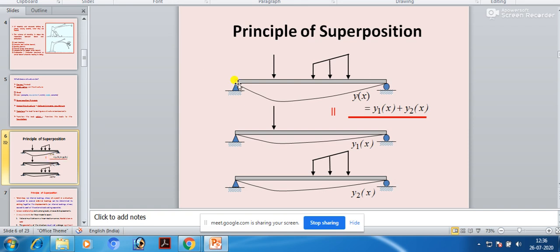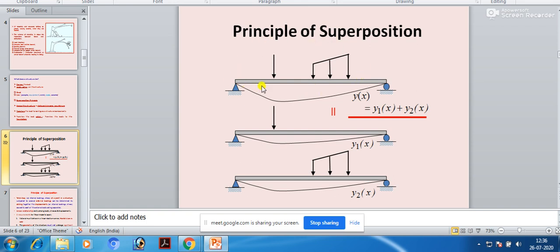Let's say your structure is a simply supported beam. Because of this point load and this trapezoidal, uniformly varying load, the structure is subjected to a deformation pattern of this kind. So the principle of superposition is nothing but you can forget about different kinds of load together and consider the loads one by one, separately.